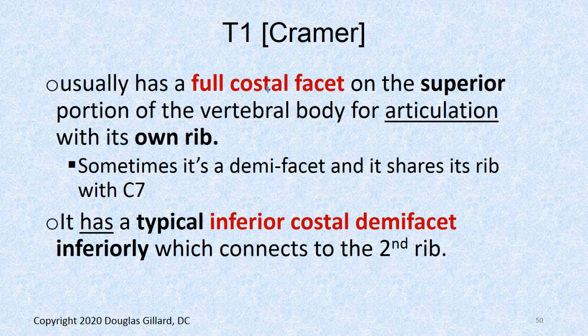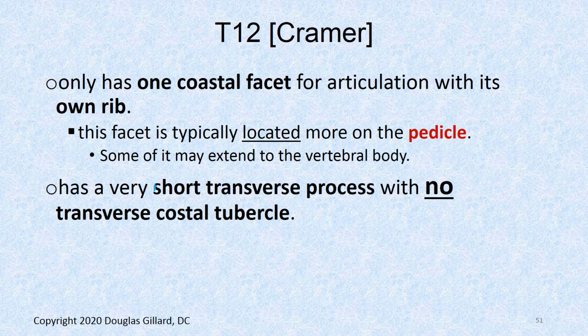But it does have its own inferior costal demifacet below, because the T2 rib connects, half of it connects to T1, the other half connects to T2. Okay, that's the deal there. Every now and then you get a demifacet up here, the superior costal demifacet, because every now and then you get an inferior costal demifacet on C7, so the rib can share between the two. So that's not super unusual.